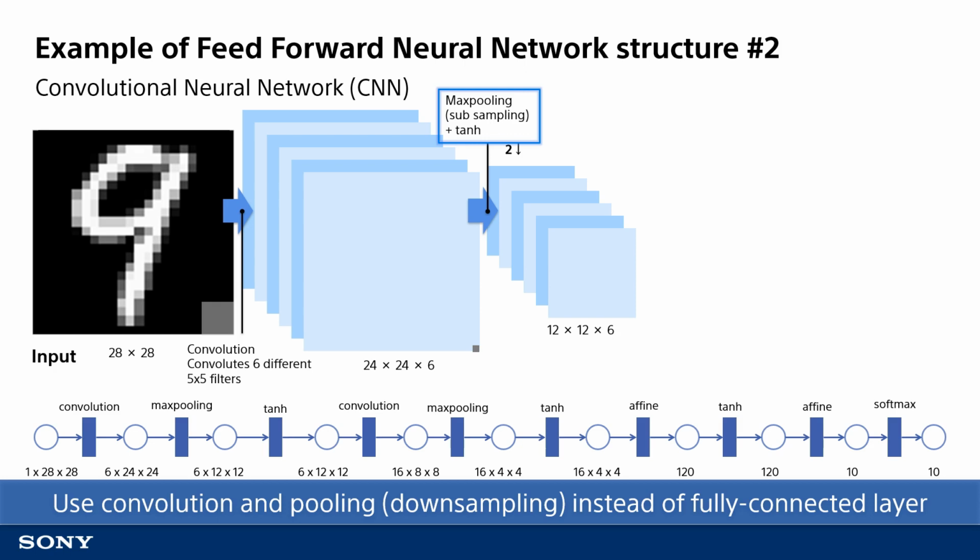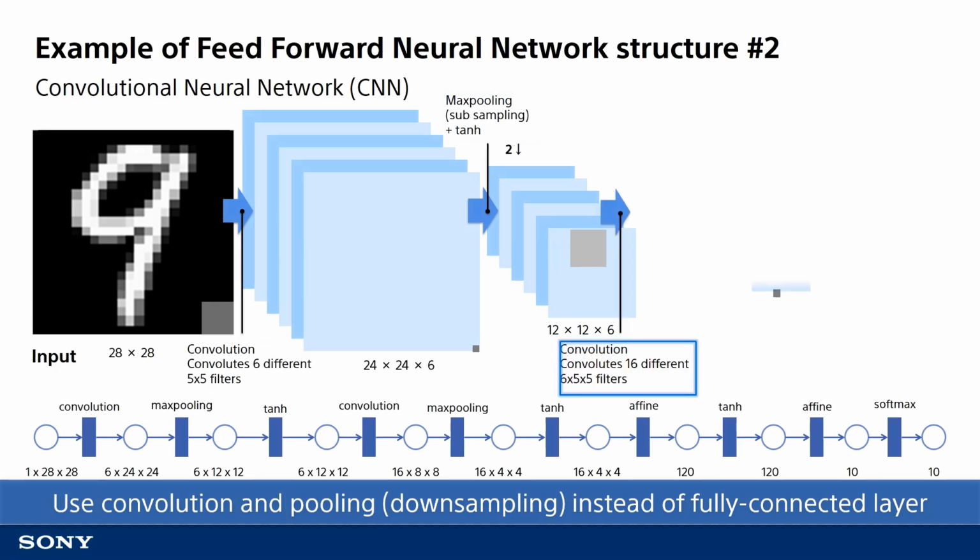Tanh after this is exactly the same process as the previous one. It is a process to fit the result of the process so far to a range between -1 and 1, and repeat the same process. Using convolution, the filter is convolved into 6 of these 12 by 12 images to produce a single output image.